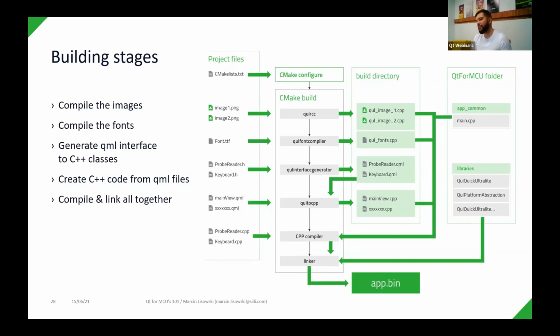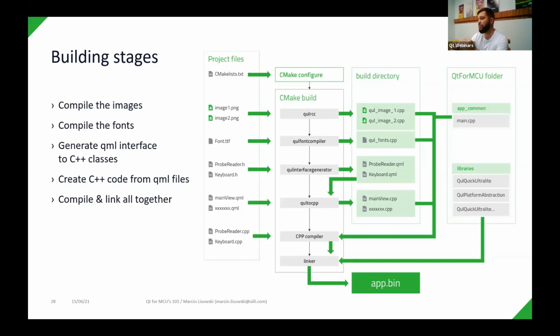And finally, the C++ compiler will take your own C++ files. Possibly this could be, of course, the C compiler as well, and will take all of the artifacts that are created during the compilation process, and will compile them all together and then link together with the libraries delivered with Qt for MCUs.